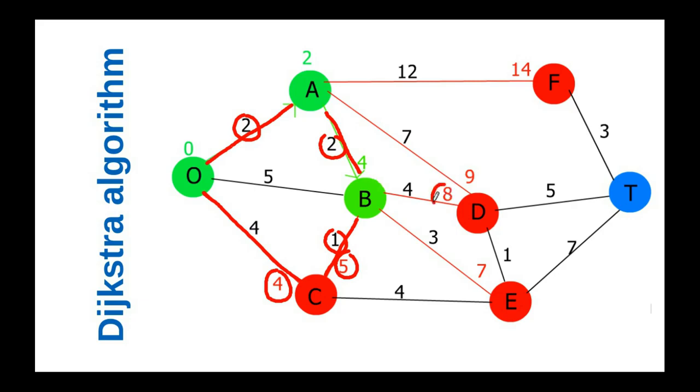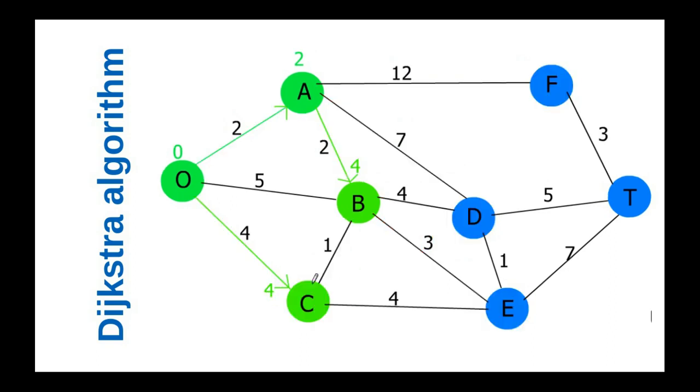Then 8 comes from 4 plus 4, 9 comes from 2 plus 7, 14 comes from 12 and 2, and 7 comes from 3 and 4. So now we have a huge number of candidates, and finally we decide C, because it's the smallest value, it's 4, you remember? That one that was a tie with this other 4.